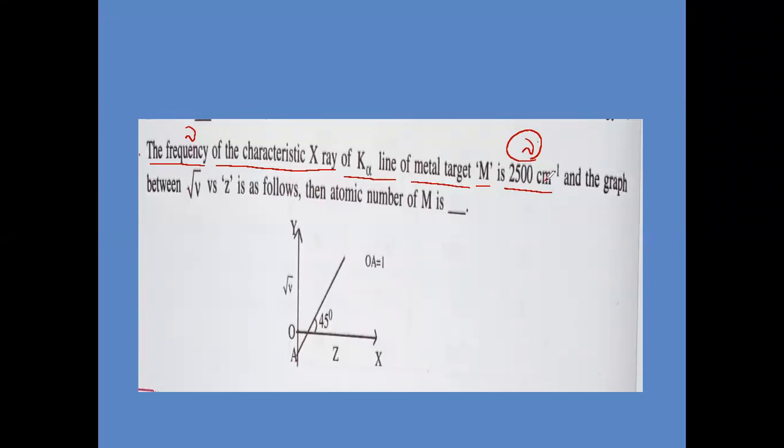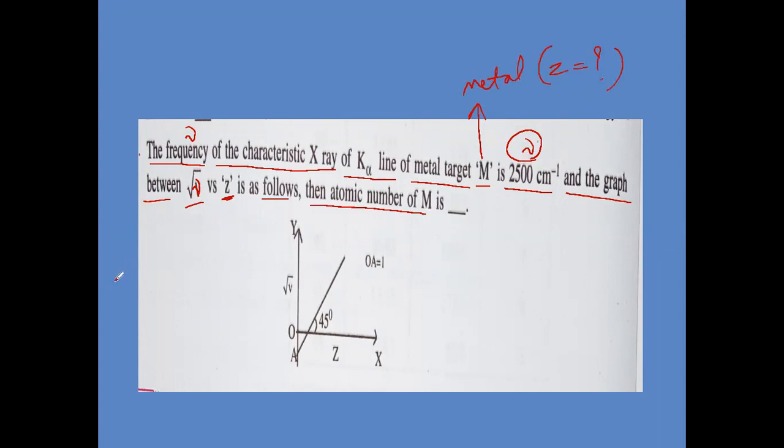And the graph between the square root of frequency versus Z is as follows. Then what is the atomic number of metal M? They are asking for the atomic number of the metal by giving the frequency.